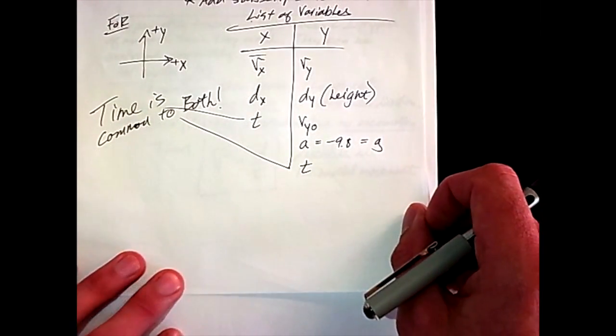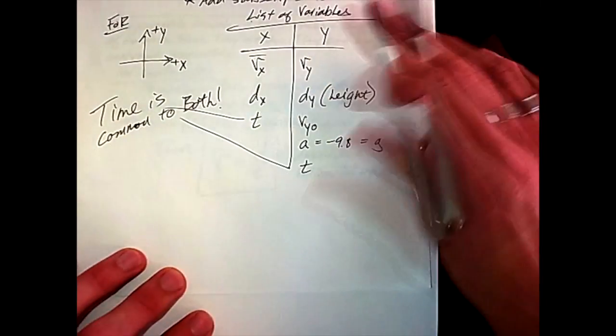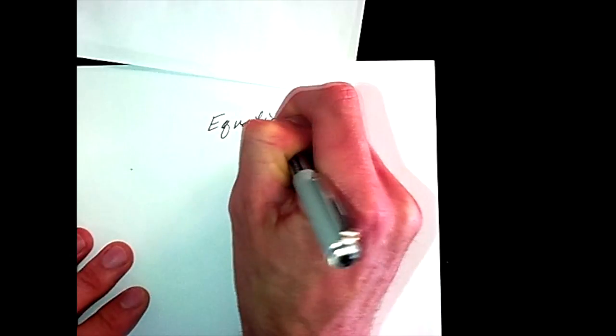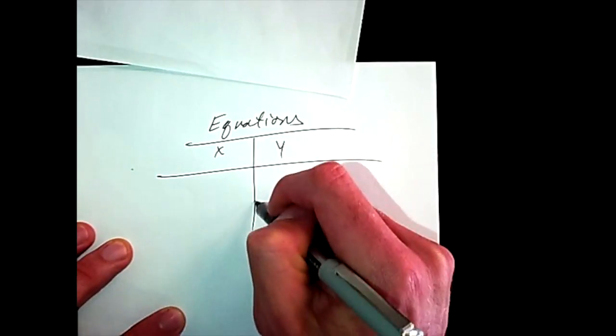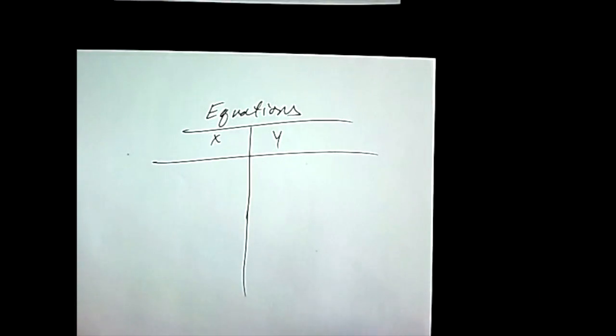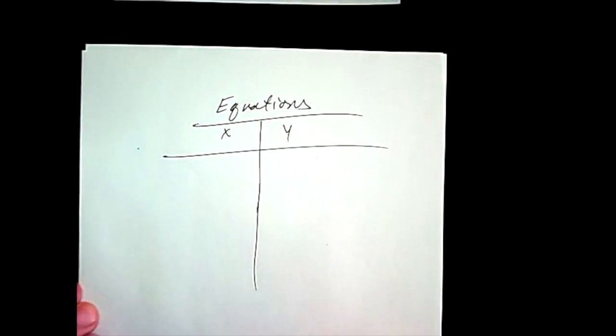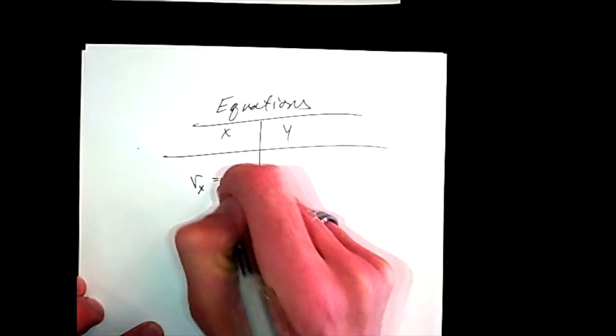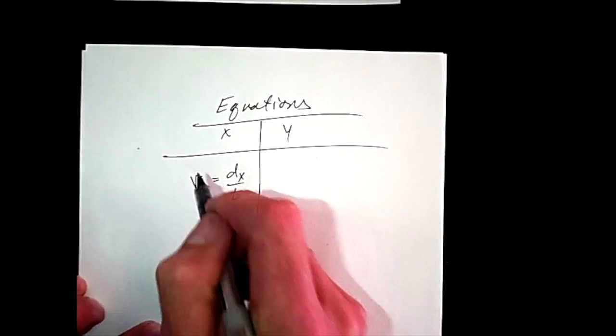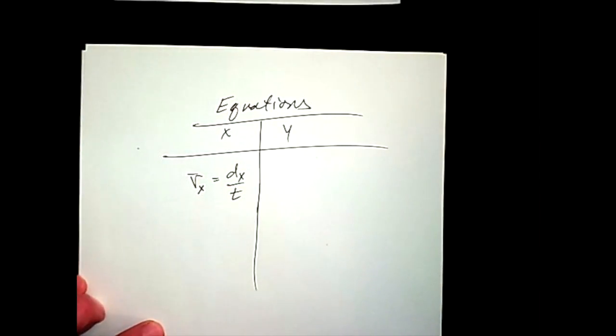So, if I take this list of variables and I apply it to the equations that we've got, I can regenerate my equations list in x and y terms. So in the x direction, we only have v equals d over t. And so now to rewrite it, it's vx equals dx over t, where this is the average velocity, and most importantly, is the only equation because it moves at a constant velocity horizontally.